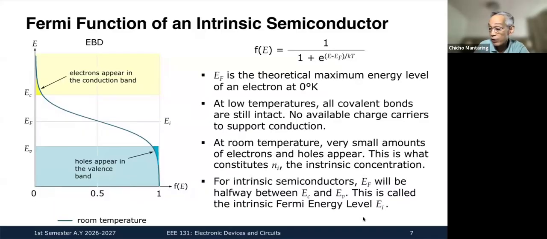Now, for intrinsic semiconductors, EF will always be halfway between EC and EV. Intuitively, that should be the case, because for every empty valence bond here, you would have a corresponding electron promoted to your conduction band. And therefore, the 50% probability will be halfway.